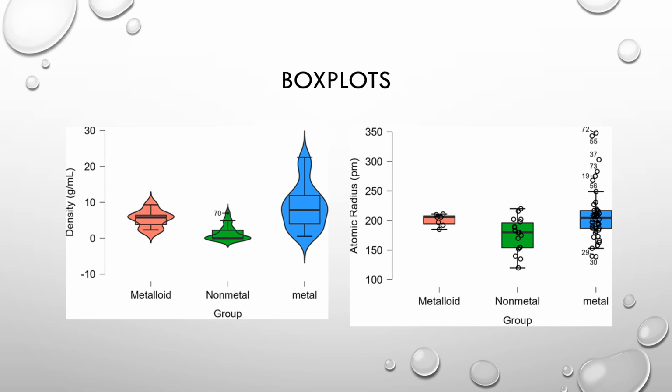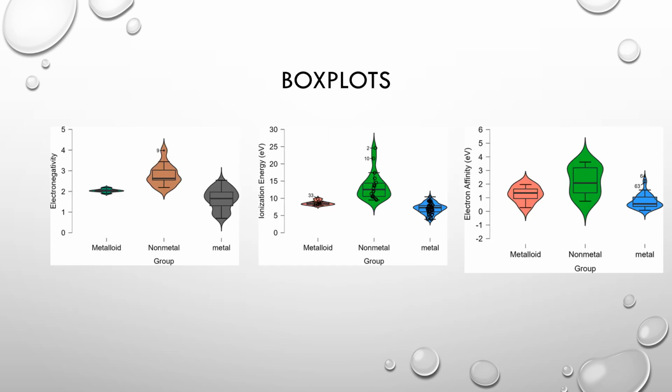Also, if you look to the right at the atomic radius box plots, they are actually covered with a dot plot to kind of show those outliers. I thought it was really interesting because part of the actual assignment was for them to be able to identify outliers within the box plots. That was really neat.